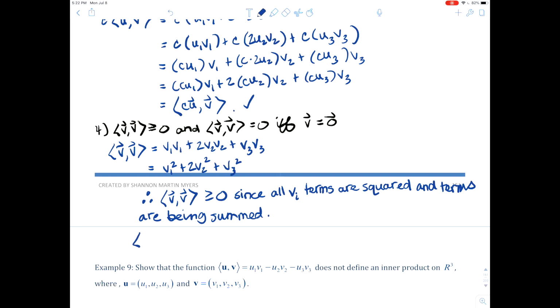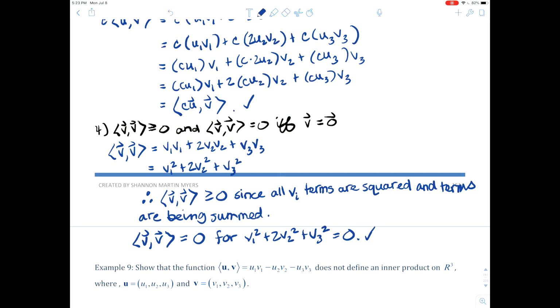So the inner product of v with itself must equal 0 for v1 squared plus 2v2 squared plus v3 squared to be equal to 0. Groovy? All right, so we're done. We verified an inner product. Isn't that exciting?